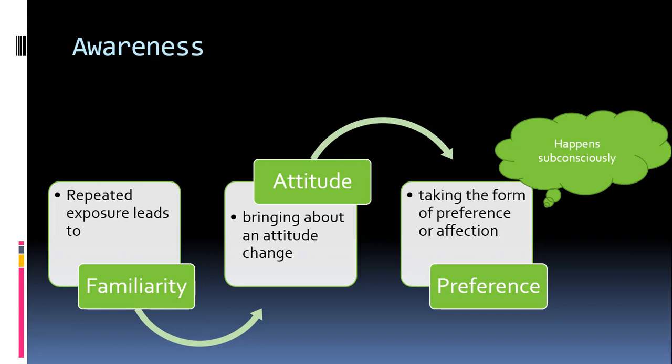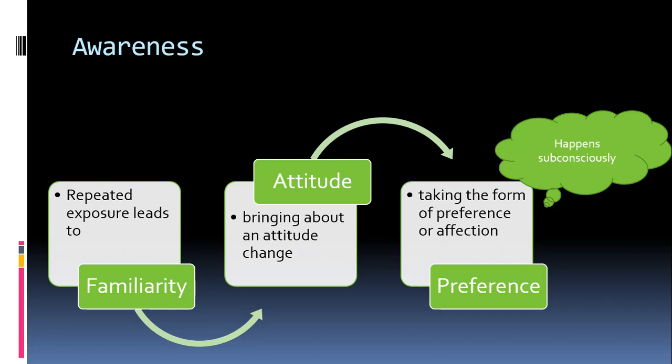In his experiments, he showed his participants a series of different shapes so they became familiar with them, and then performed another test where he showed them shapes they'd seen before and ones they hadn't, and they distinctly showed a preference for the ones that they'd seen before.